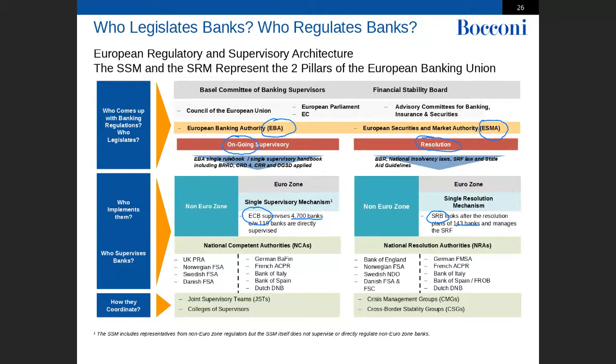And then these bodies regulate all the single regulators in the single jurisdictions: in the UK, in Italy the Bank of Italy, BaFin in Germany, and so on and so forth. That is only Europe, because then you have the same thing for the Federal Reserve, and for the Bank of China, and for the Bank of Japan.